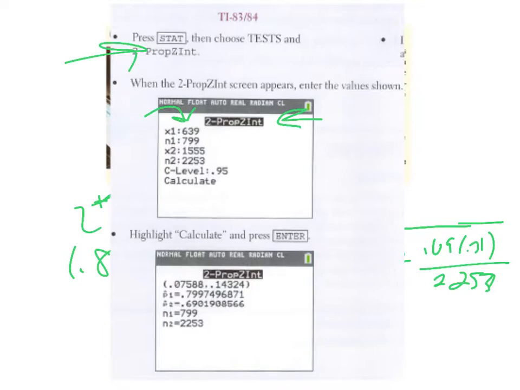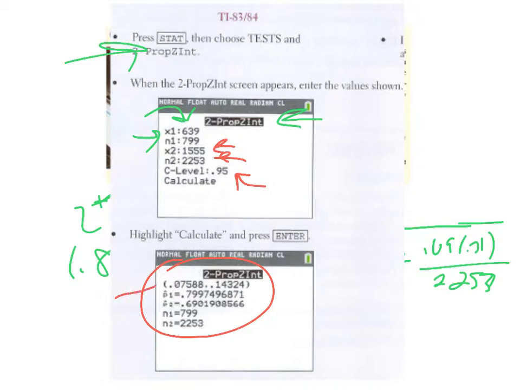And then you put your sample size of teens. Then you switch over to your other one, which is your 1,555, my 69% of 2,253, and then my sample of adults. I make sure my confidence level is at 0.95, not 95, but 0.95. And then once I hit calculate, this is what I'm going to get here.